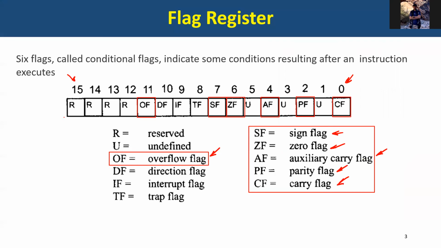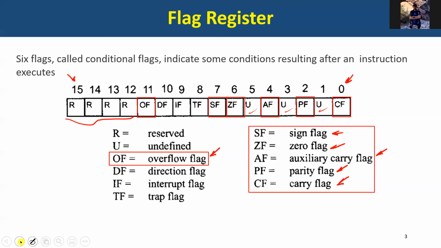R is for reserved. Intel has some usages for these, or maybe they reserve them for future extensions of their processors. Undefined means they have no function.